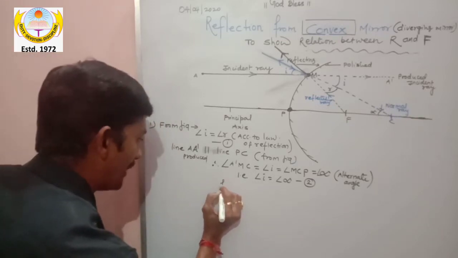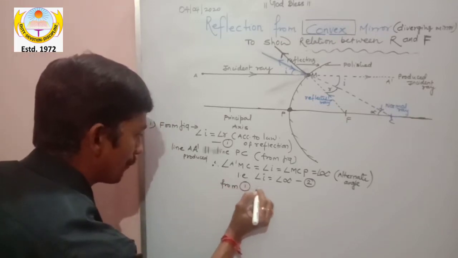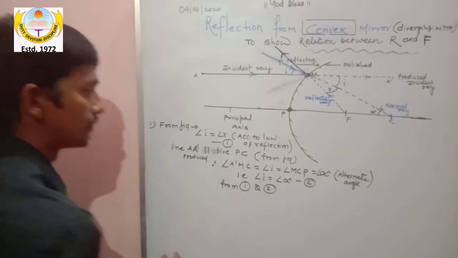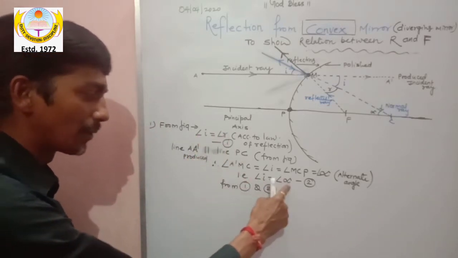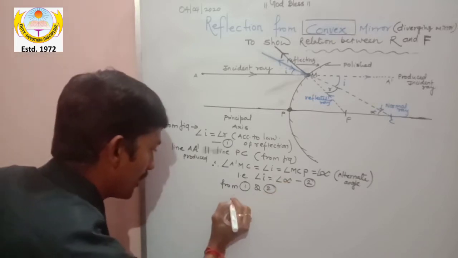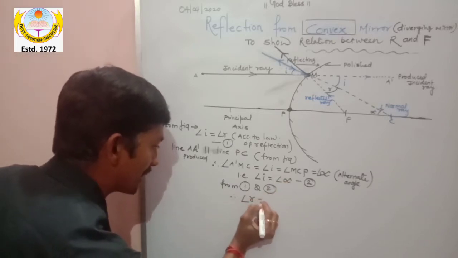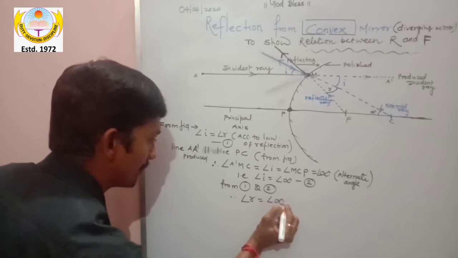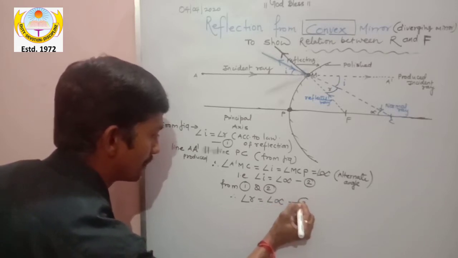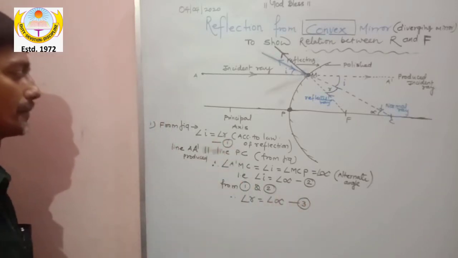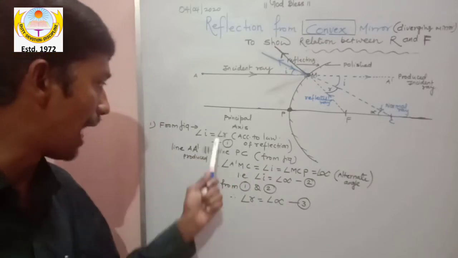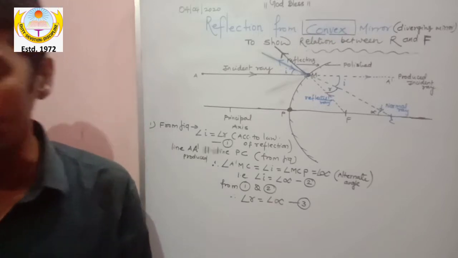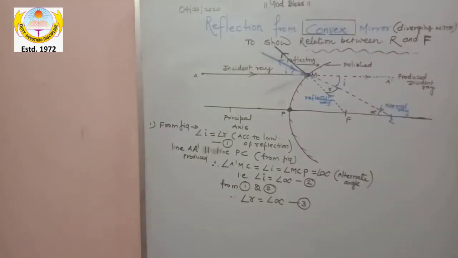So from 1 and 2, angle I is equal to angle R and angle I is equal to angle alpha. Therefore, angle R is equal to angle alpha. Equation number 3. है ना? I और R equal है, I and alpha भी equal है. So R and alpha become equal. This is your equation number 3. I hope you understood this much.